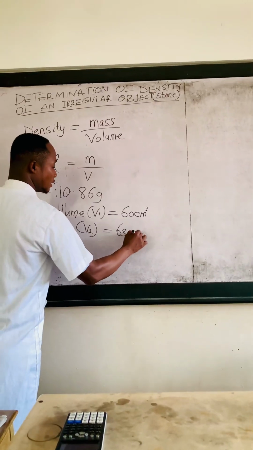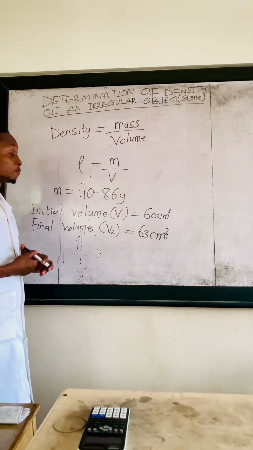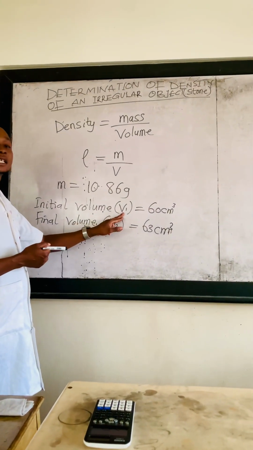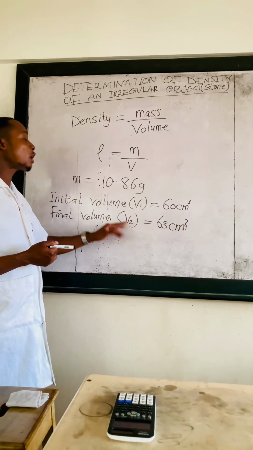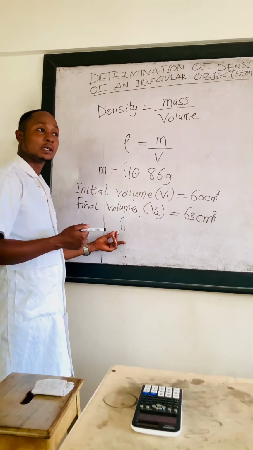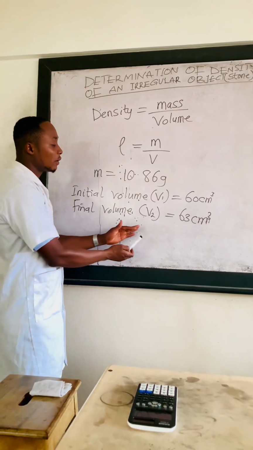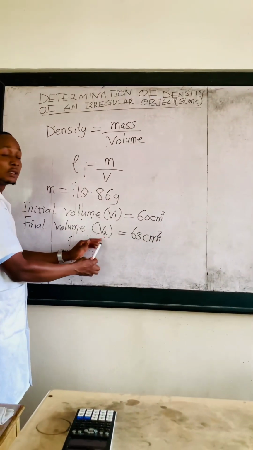63 centimeters cube. Fantastic. So right now we know our V1, the initial volume of water, and V2, the final volume of water. How do we get the volume of the stone alone? It's very simple. It's just by deducting the initial volume, V1, from the final volume. Very good.